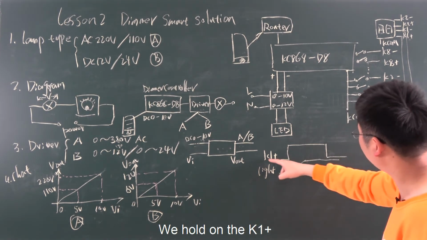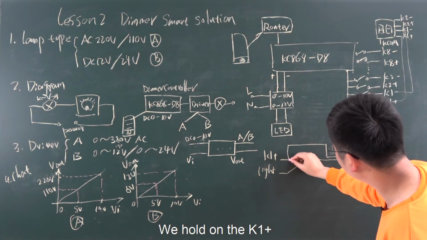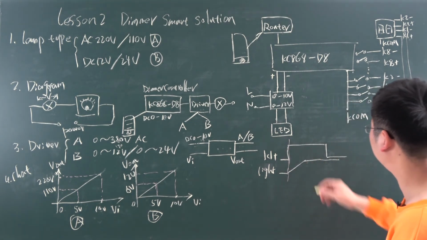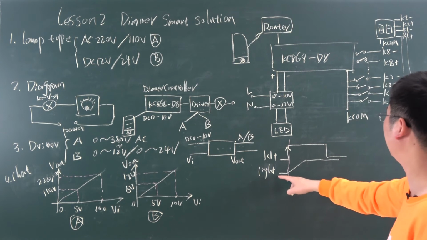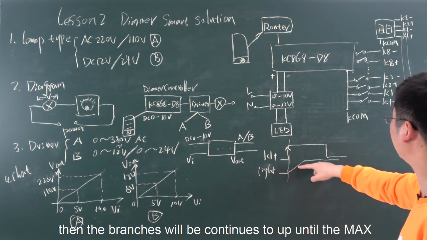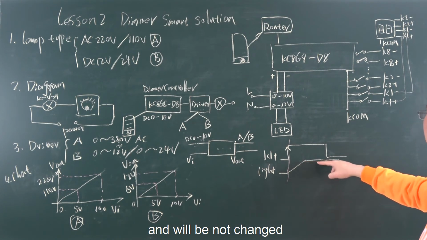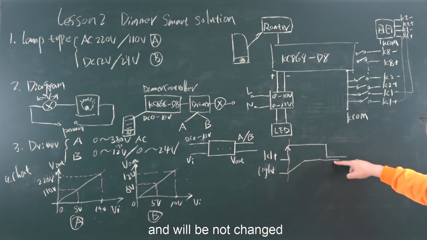So we hold on the K1 up, then the brightness will continuously go up until the max and will not change.